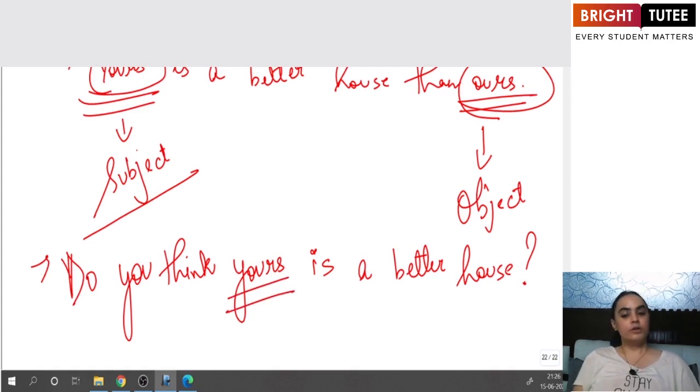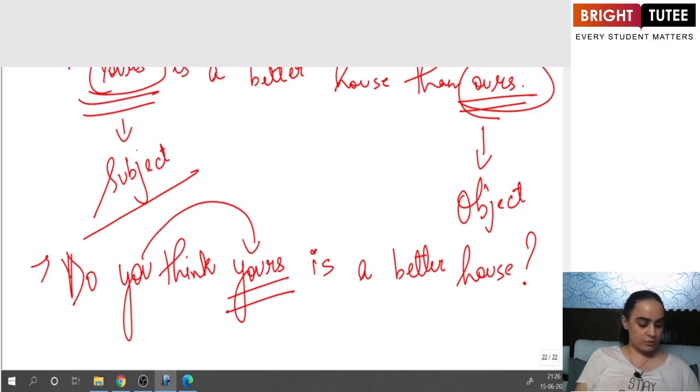Here, yours is used in the middle of the sentence because it is the direct object for you. So, when in a sentence the possessive pronoun takes the place of either the subject or a direct object, then in that case the possessive pronoun will come in the middle of the sentence.